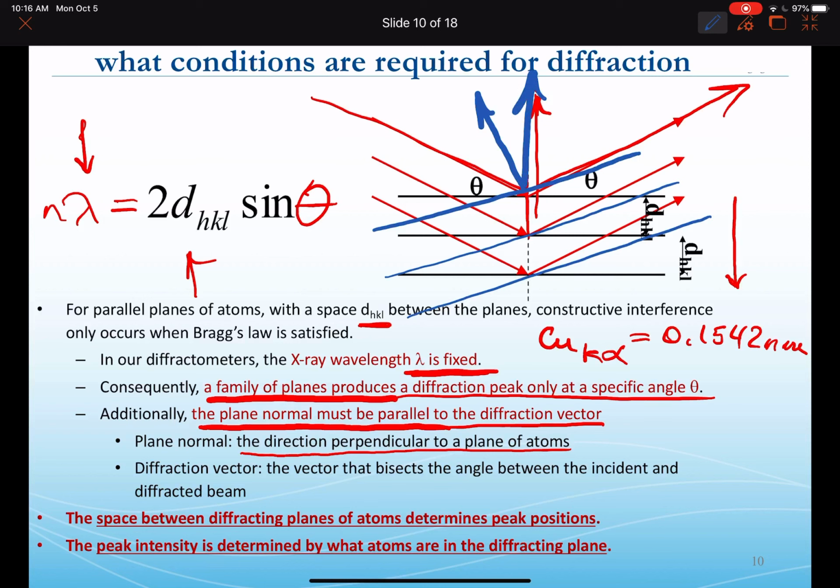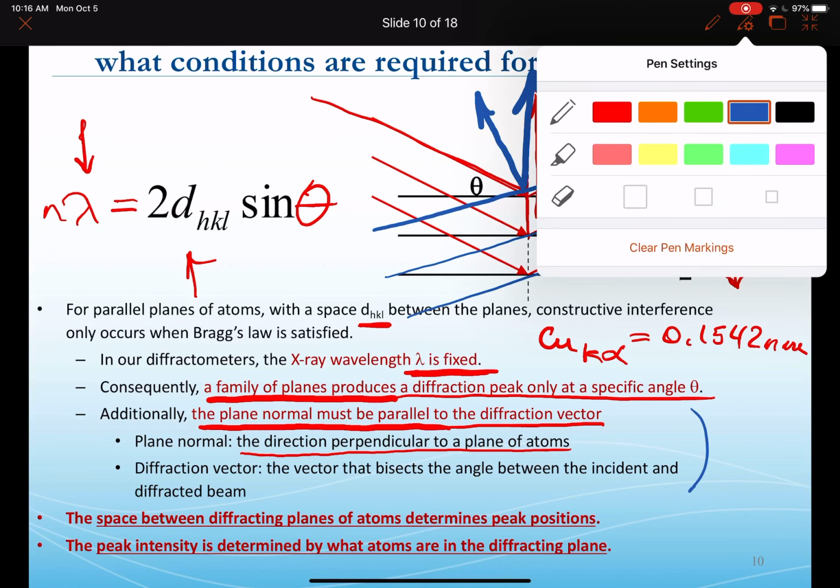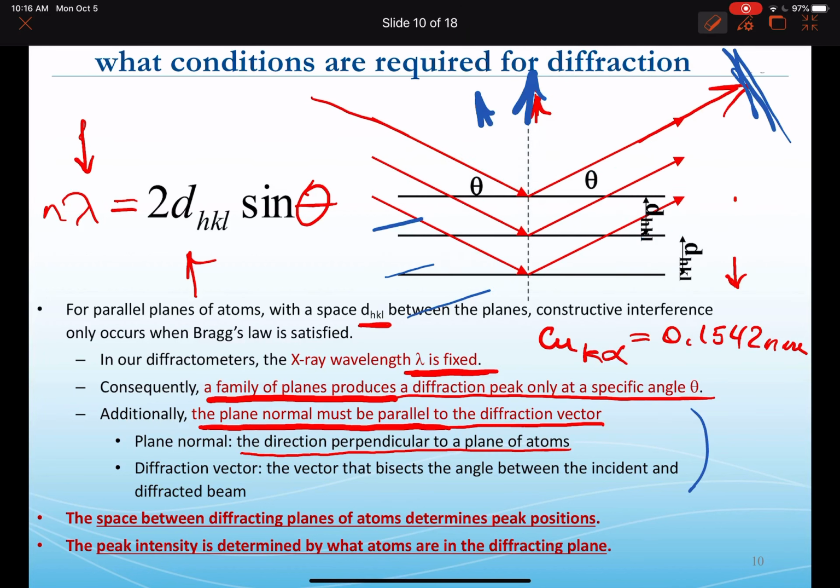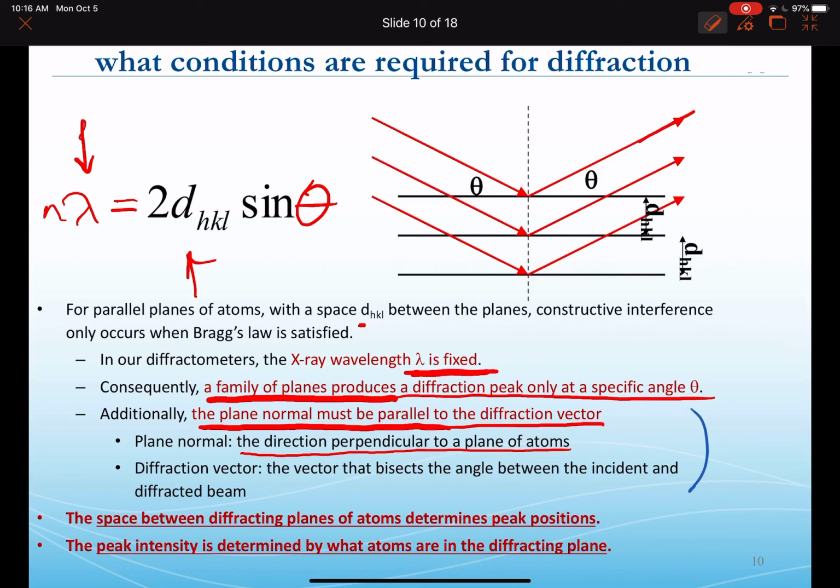And so those are no longer parallel, and we would not satisfy the condition of our instrument and allow for detection at our detector. Okay, so hopefully that clarifies it. So clearly something important about how the planes are oriented relative to the sample. Okay, just clean that up so we can see the corrected version there.